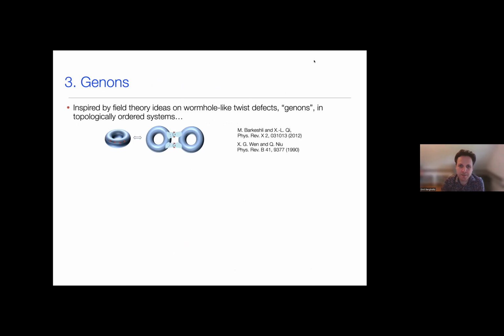So these are inspired by earlier ideas of wormhole-like twist defects, because we know from the work by Wen and Zee in 1990 that the degeneracy of topologically ordered states on manifolds depends on the genus of the manifold. And Barkeshli and Qi pointed out that you can use this to have lattice defects changing the genus of a material.